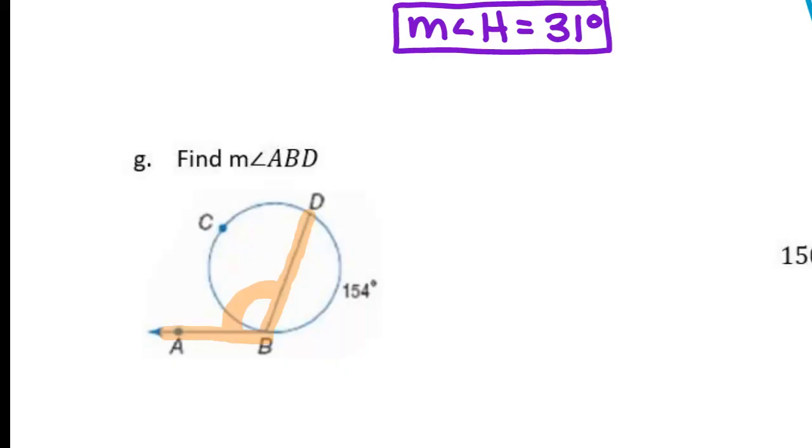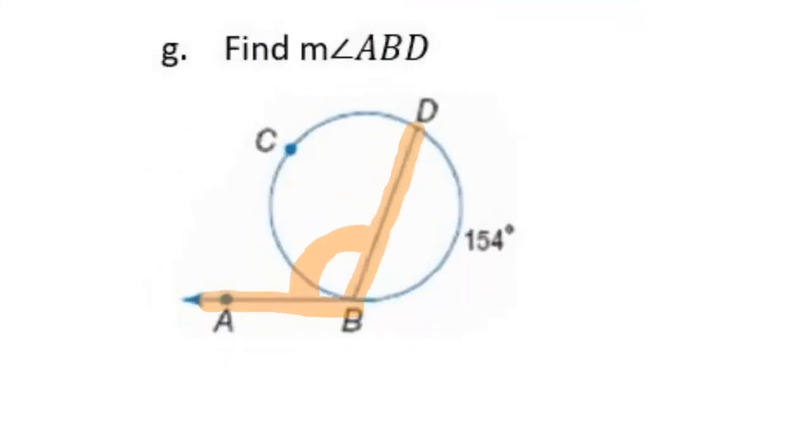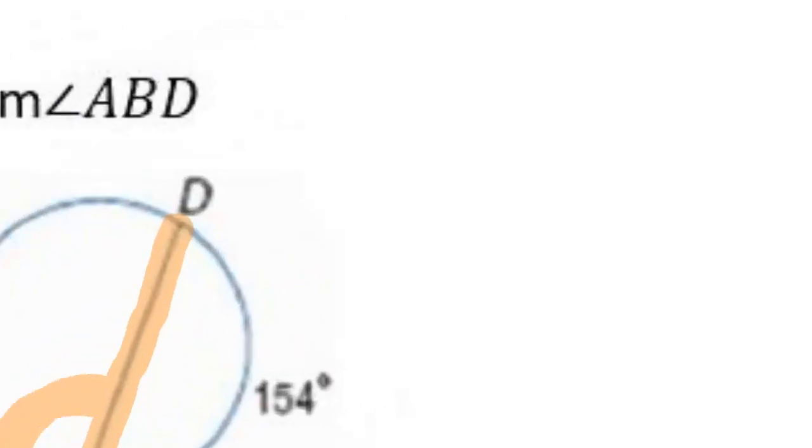Does it have its vertex at the center of the circle? Then it's not a central angle. Is it an inscribed angle? Does it have its vertex on the circle, on the crust of the circle? The vertex is right here at B. It's an inscribed angle. The vertex is on the circle.